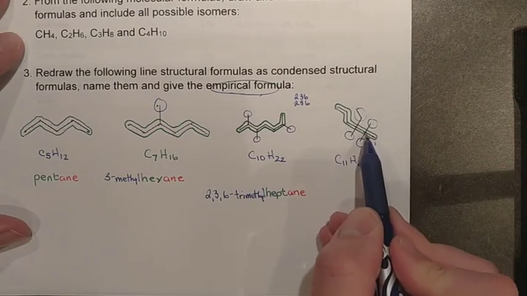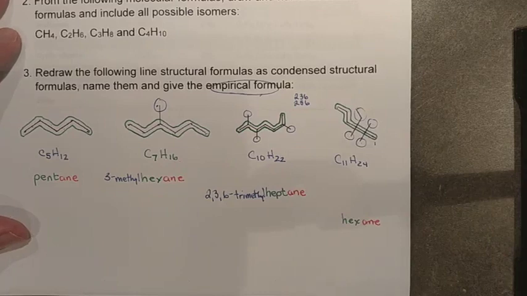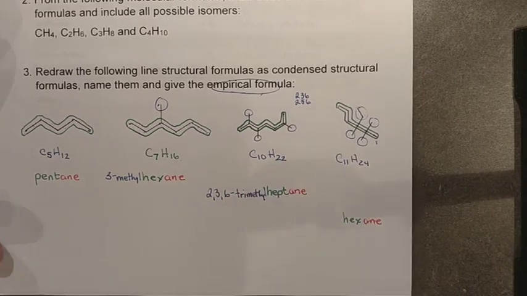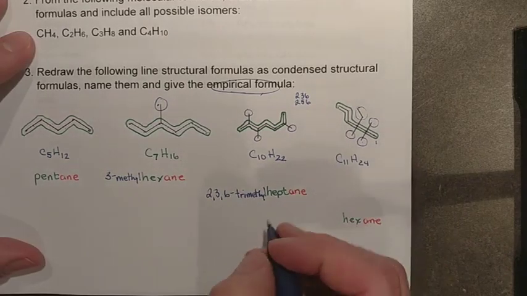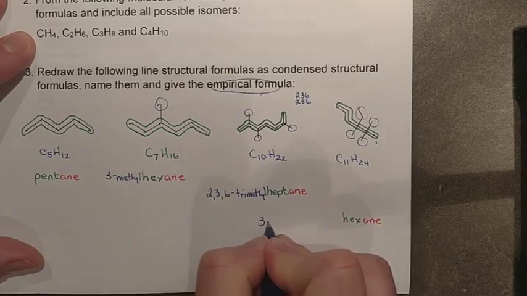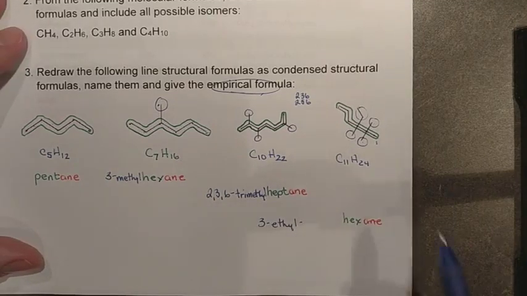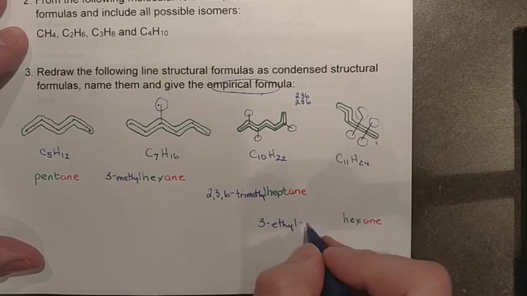So we get 2, 2, 3, 3 as our numbering strategy. One of these, however, is an ethyl group. Ethyl comes before methyl alphabetically, so we should name that one first. And so now I have 3-ethyl. I have a lot of numbers to put in here: 2, 2, 3.